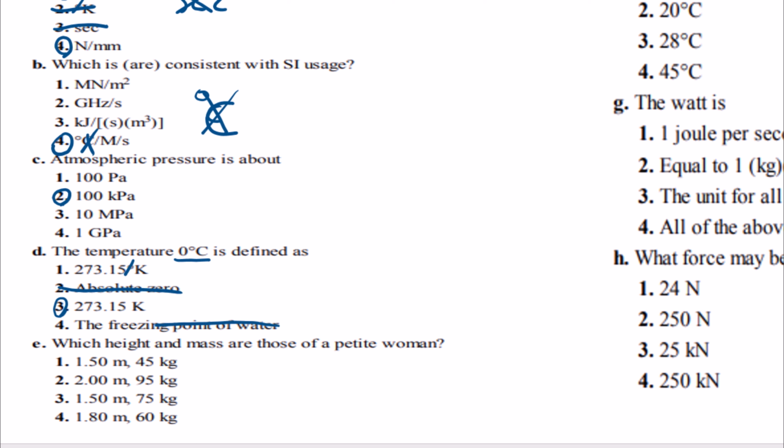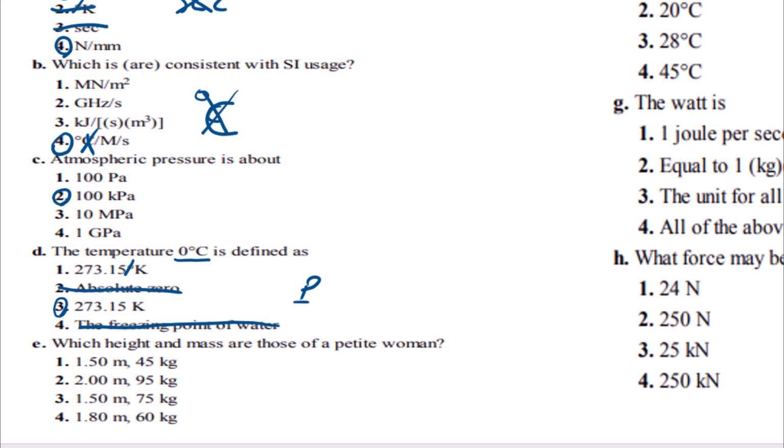This is wrong. You may ask why the fourth one is correct. Yes, you may be right, but you must remember at what pressure you're talking about. The pressure is not defined here, so you cannot say the freezing point of water is 0 degrees Celsius.